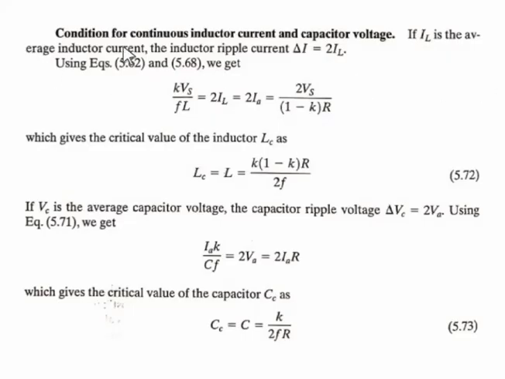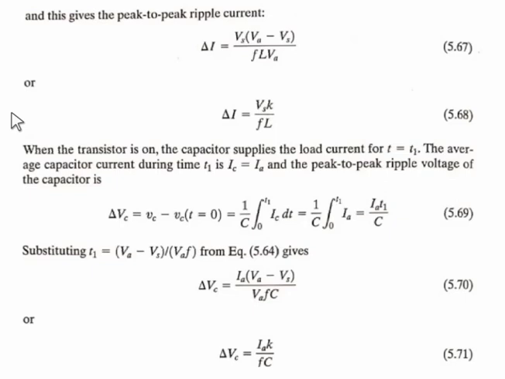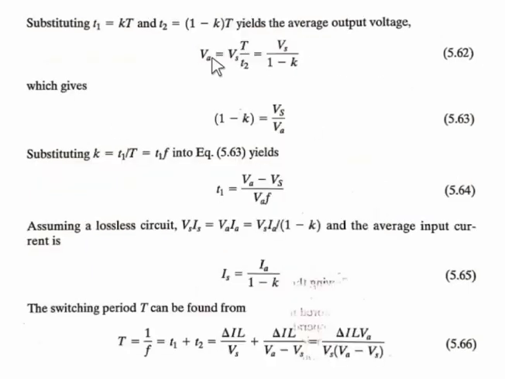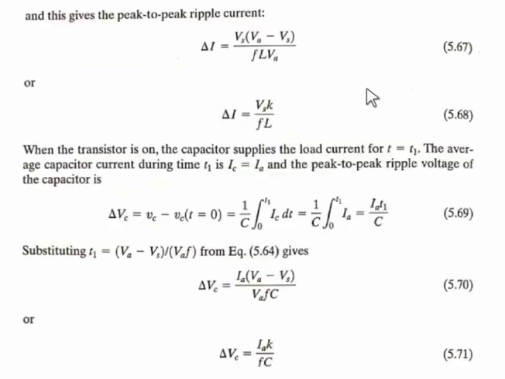Now the condition for the continuous inductor current and the capacitor voltage. If IL is the average inductor current, then delta I is defined as twice IL. Using equations 5.62 and 5.68, VA equal to Vs upon 1 minus K and delta I equal to VsK divided by FL.